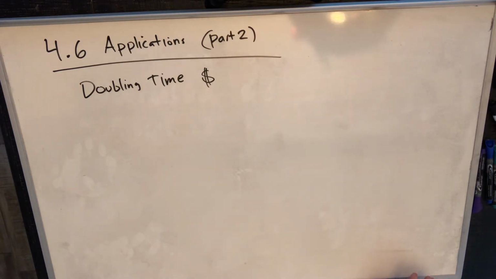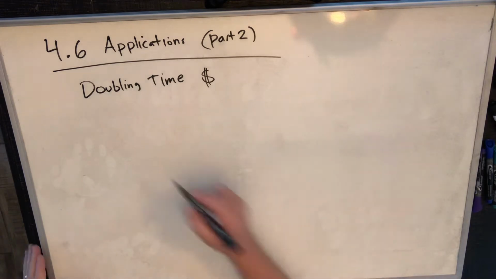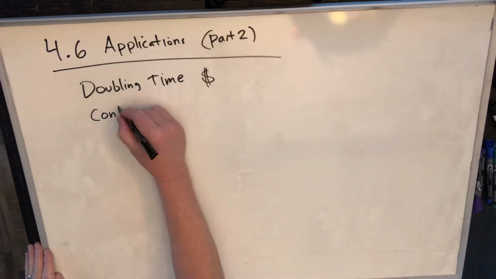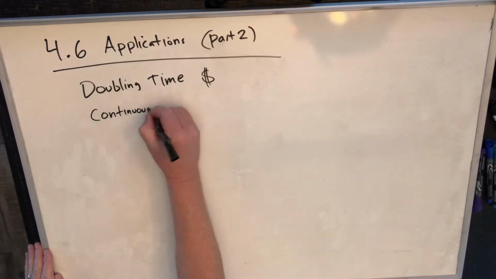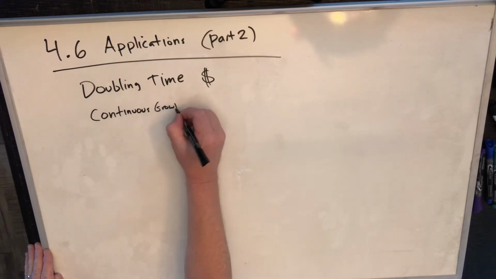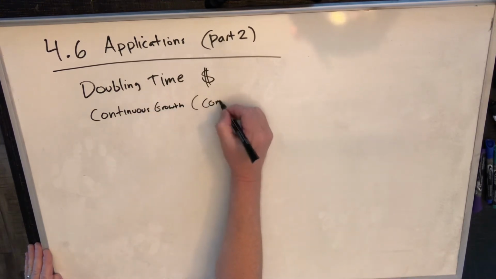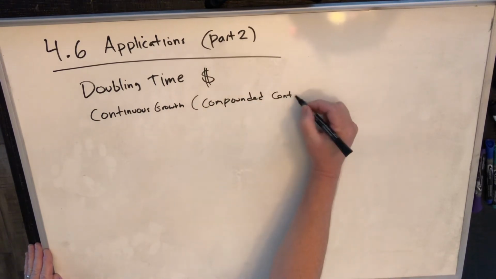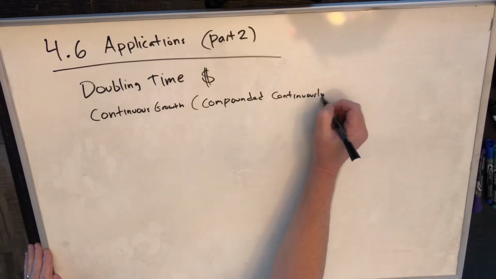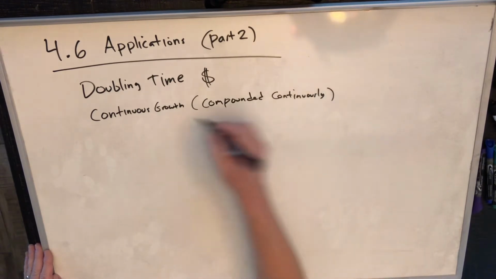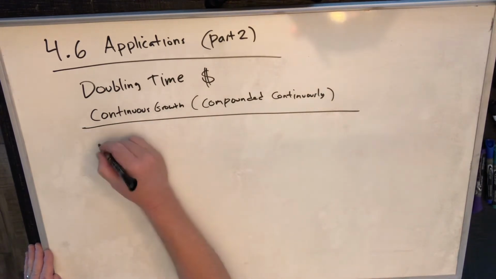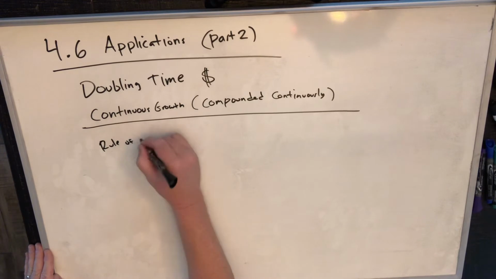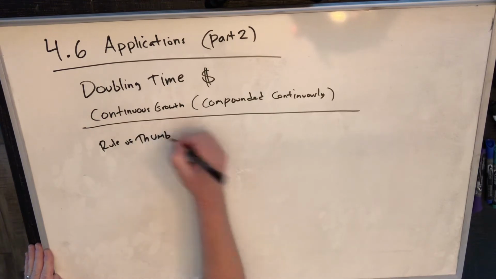But I left you off yesterday with this continuous growth, also known as compounded continuously. And there's a neat rule of thumb. We call this the rule of thumb.